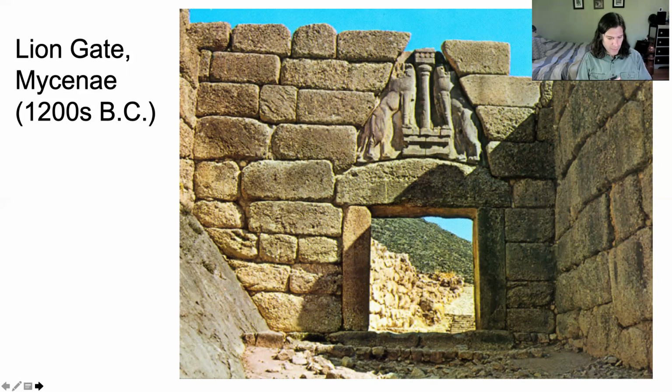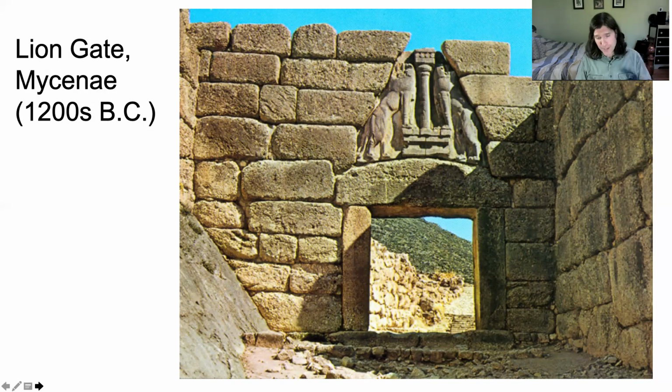Now, one of the things we can say in general about the Mycenaeans is illustrated by this image, the Lion Gate, and that is that the Mycenaean people were a warlike people, a people in a constant state of preparation for war, if not constantly engaged in war.